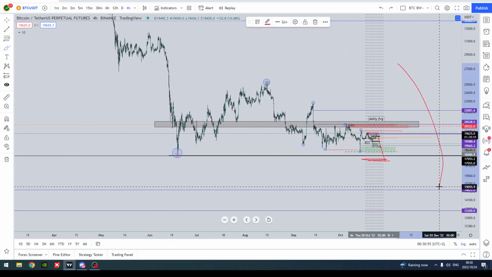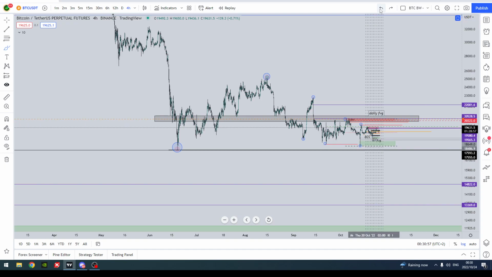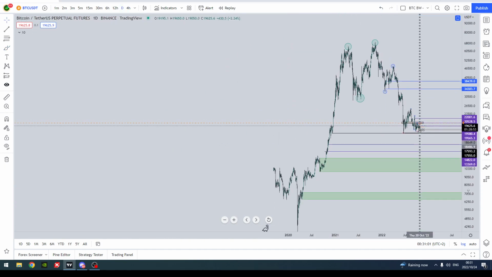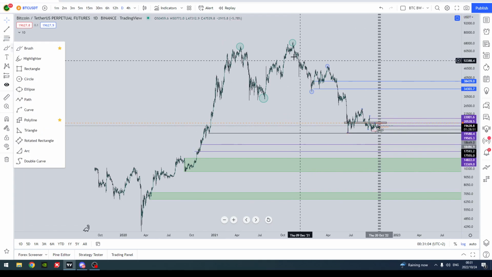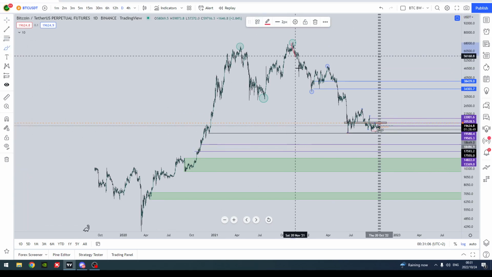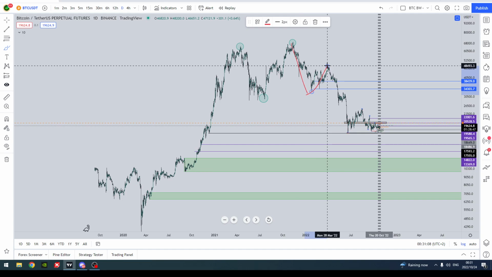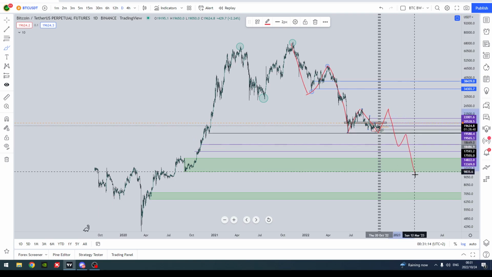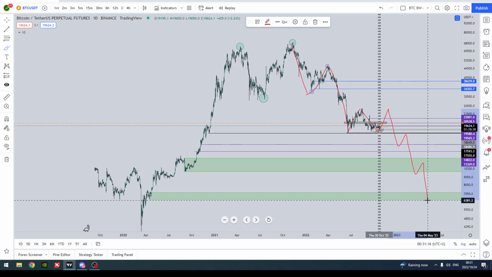Before rolling over, obviously. There's a separate video that I will do on that in terms of an Elliott wave count, where this is a 1, this is a 2, this is a 3, we have a 4 here like this, and then we have 5 waves to the downside.